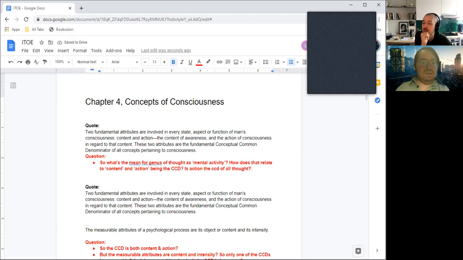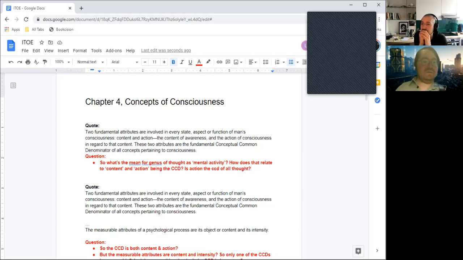Is action the commensurable characteristic of all different thought? Wait, no, it's not. How can it? Well, it is a measurement in common among all action, or among all mental activities. Is that action? I almost wonder if you could have two CCDs here because it involves two fundamental attributes.